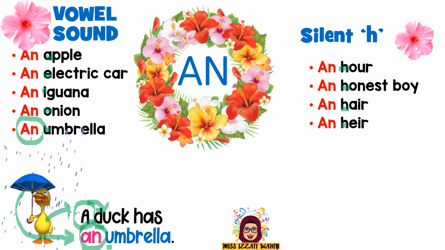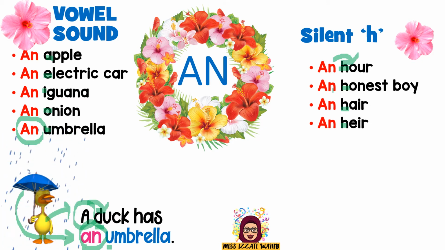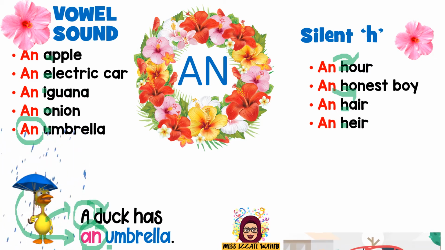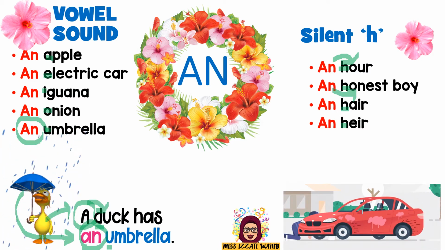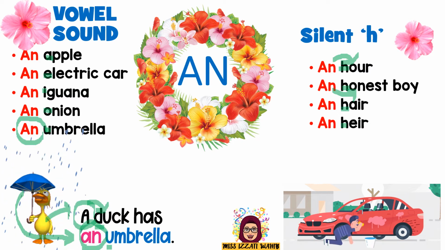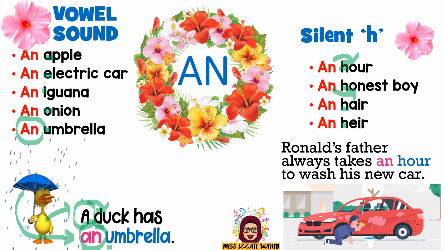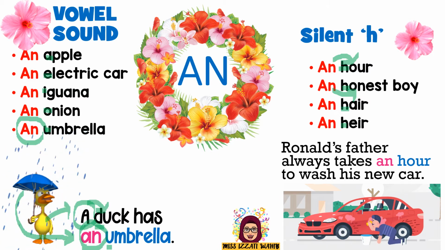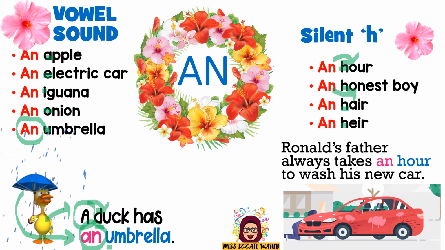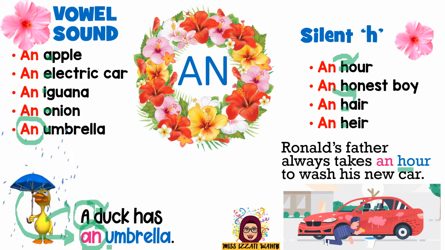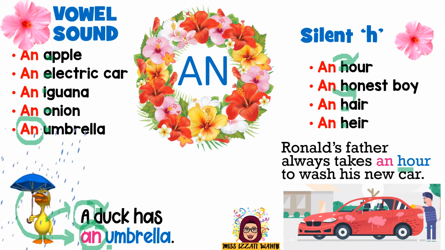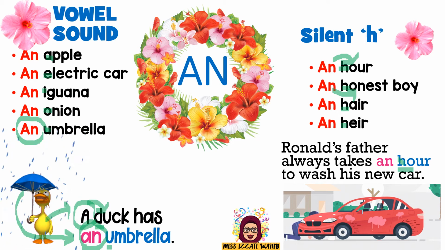So, an hour, an honest boy. That's why we use an. Let's look at the example. Ronald's father always takes an hour to wash his new car. An hour. Okay, we ignore the H.